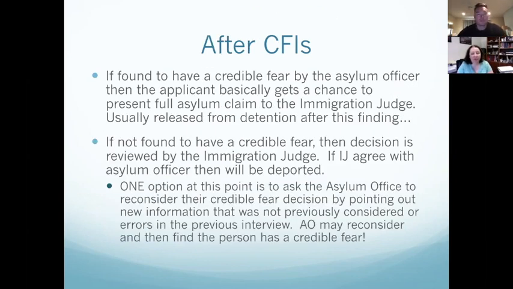So after the credible fear interview, if you're found to have a credible fear by the asylum officer, then the applicant basically gets a chance to present their full asylum claim to the immigration judge. And in the past, they've usually been released from detention after that finding. And in the past, honestly, I would say probably 80 or 90% of people pass their credible fear interview, because it is a low bar to pass the interview.